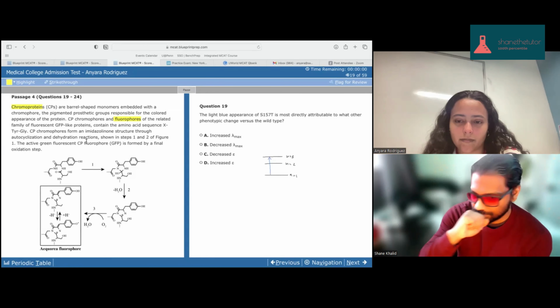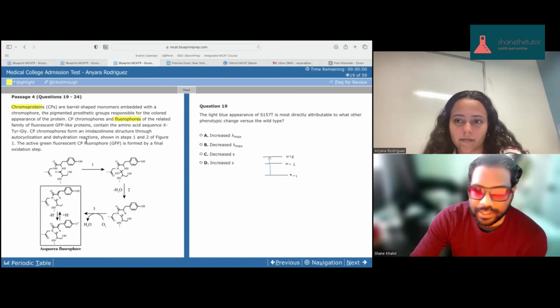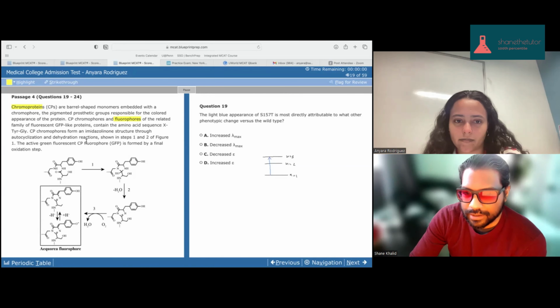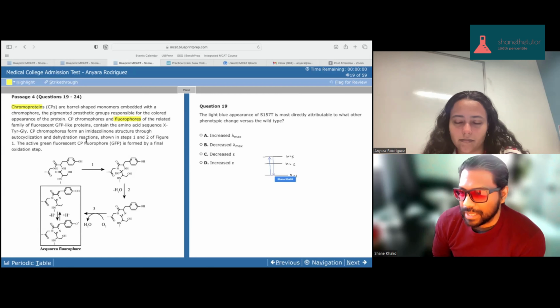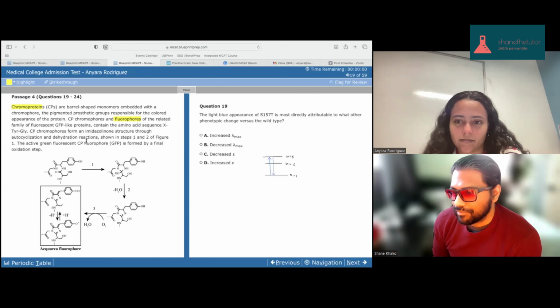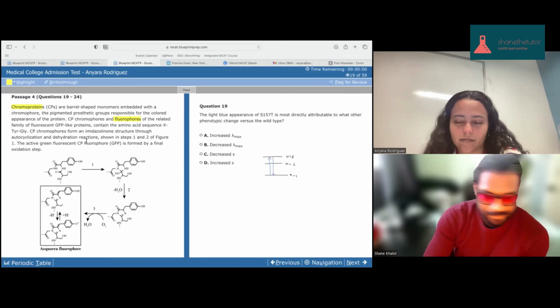Typically you would see it go back down to n is equal to 1, and it'll emit a photon of the same energy as the photon that gets absorbed.